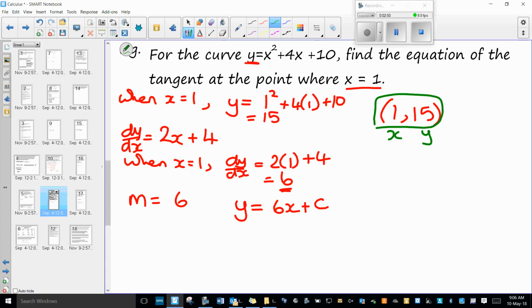So we're going to stick those two in. So we're now going to say that 15 equals 6 times 1 plus c. Okay, so we've stuck that coordinate 1, 15 in. So 15 take away 6 will give us c. c is going to be 9.